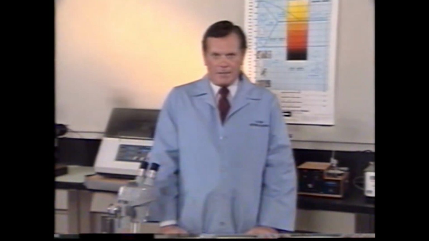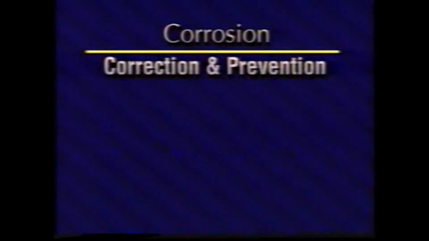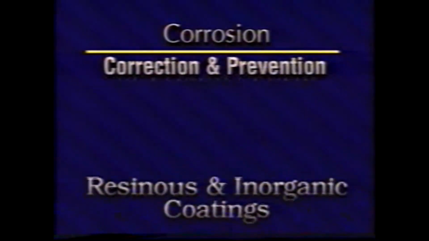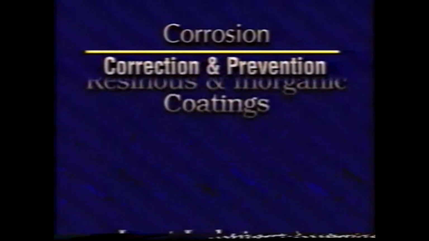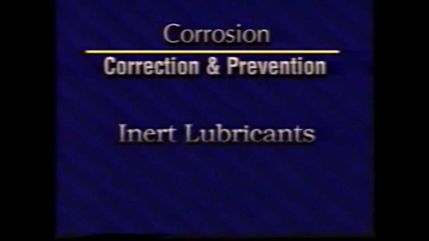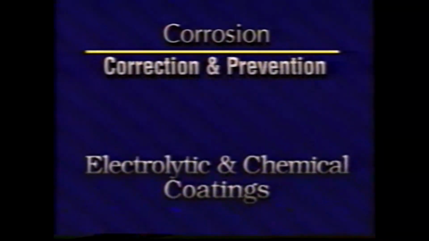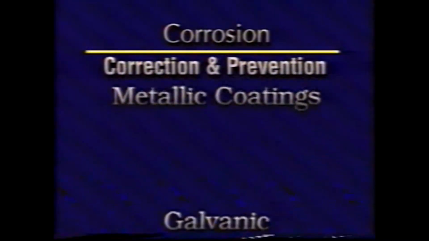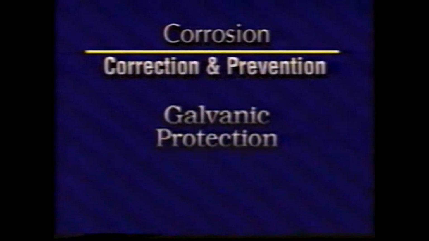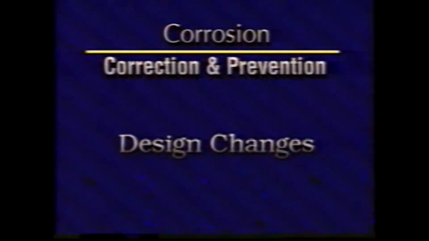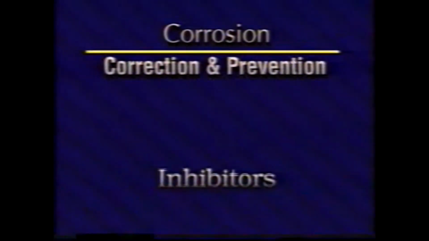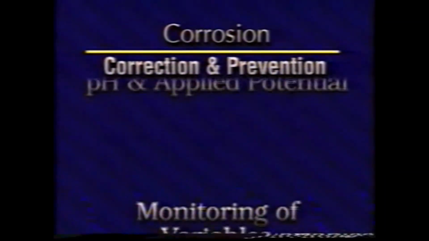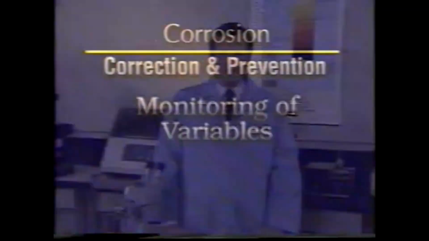The more important corrective and preventative measures are change in alloy, heat treatment, or product form, use of resinous and inorganic-based coatings, use of inert lubricants, use of electrolytic and chemical coatings and surface treatments, use of metallic coatings, use of galvanic protection, design changes for corrosion control, use of inhibitors, changes in pH and applied potential, and continuous monitoring of variables.